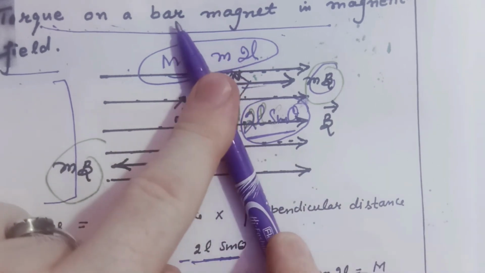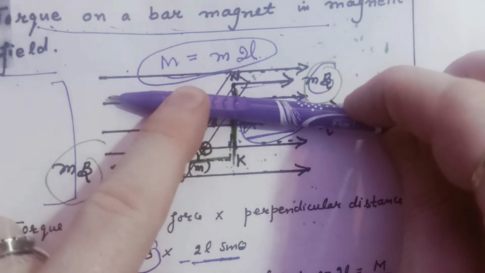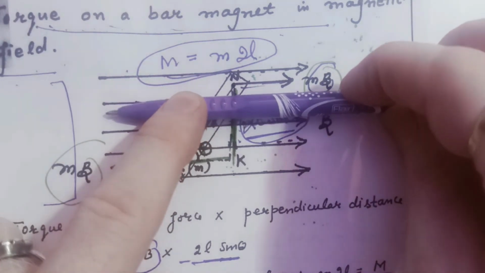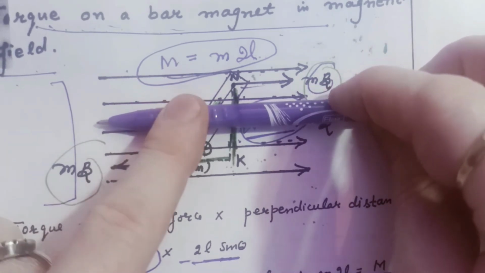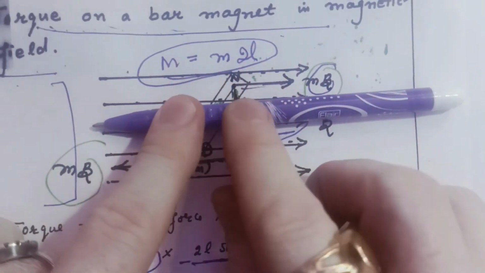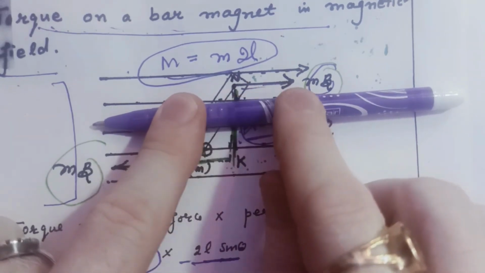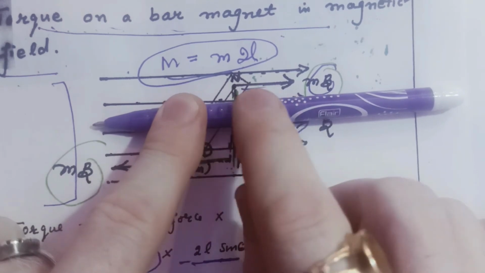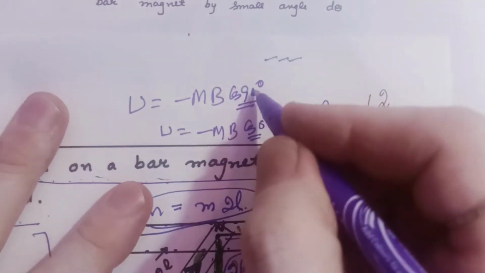If you further rotate it like this, the magnetic moment of the magnet is anti-parallel to B. What happens here? The torque again becomes zero, because the torque expression has sine theta. Theta is 180, torque is 0. But potential energy becomes maximum. Why? Because here it is cos theta.